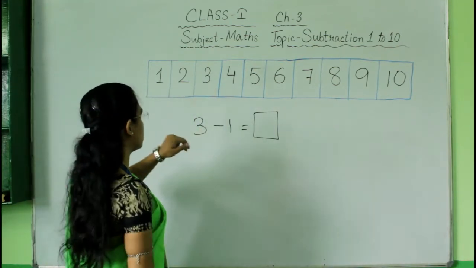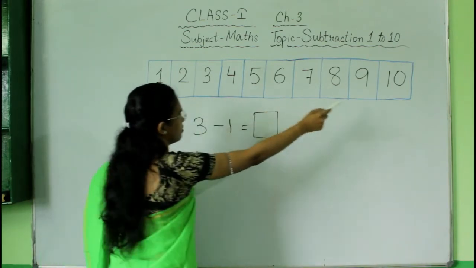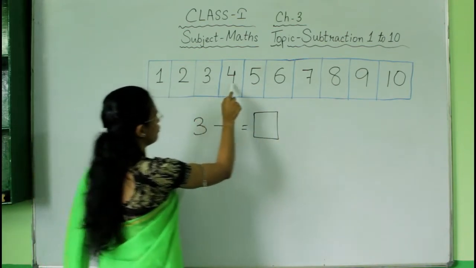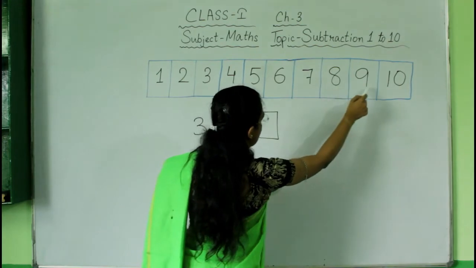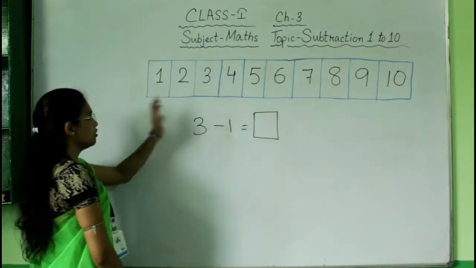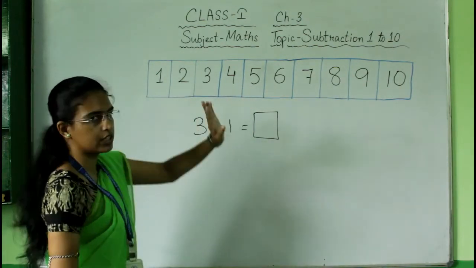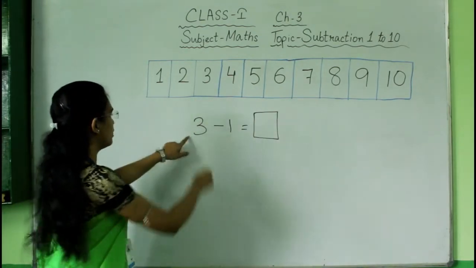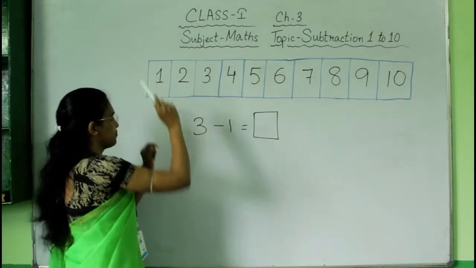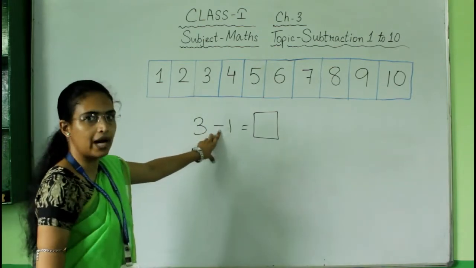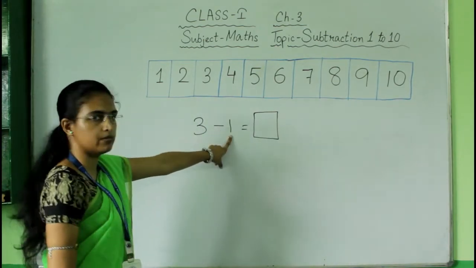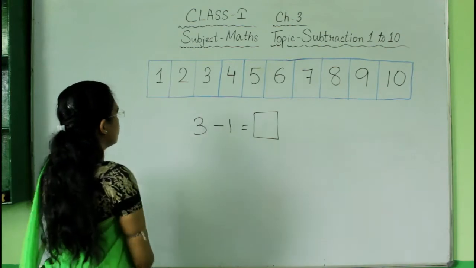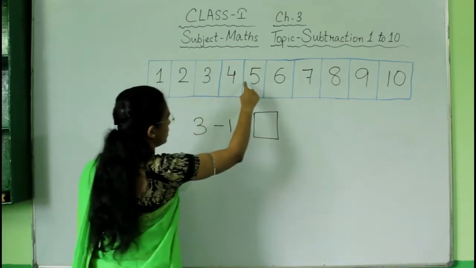Now look here, which number is this? Yes, this is 3. 1, 2, 3, 4, 5, 6, 7, 8, 9, 10. I have written up to 10, from 1 to 10. So where is 3? Yes, it is here. So we have got number 3. Now which sign? Minus. Then which number? 1. So we have to go forward?